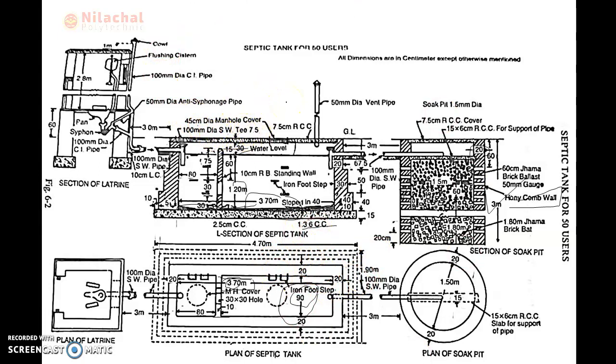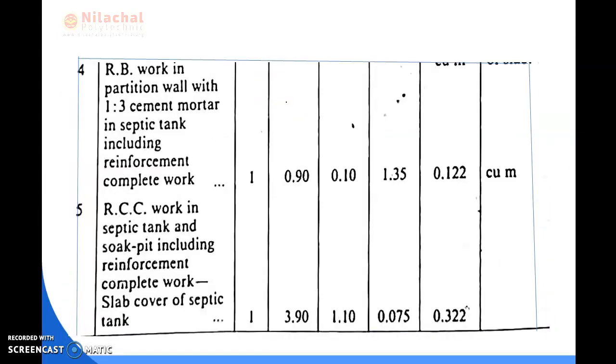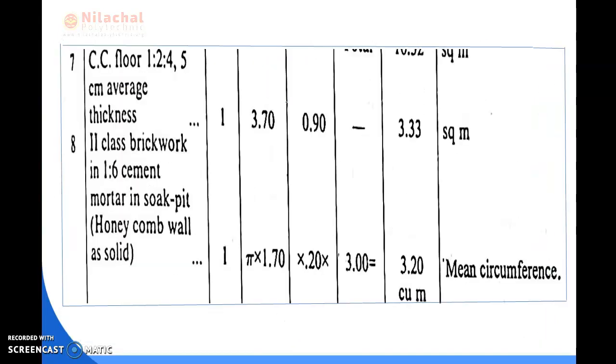So the total quantity of honeycomb brick provided here is 3.20 cubic. Here we consider the mean circumference, so we put pi into 1.70 value. Okay, so the total calculation of the septic tank is completed.